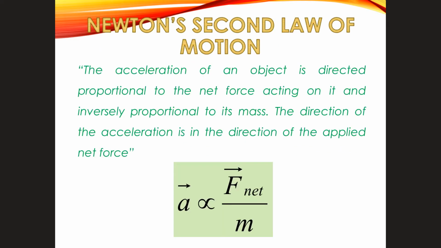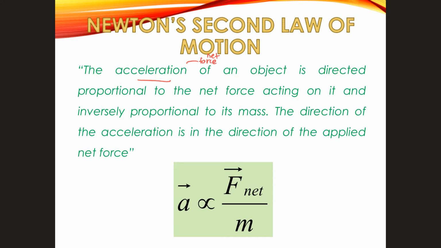Okay, so we move forward with Newton's second law. Newton's first law is without force, so you are going to move with constant velocity or stay at rest. But in this one, if you have an acceleration, definitely you are going to have a force, which is the net force. Like I mentioned before, force changes the magnitude of the velocity.